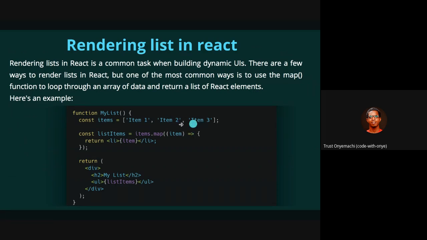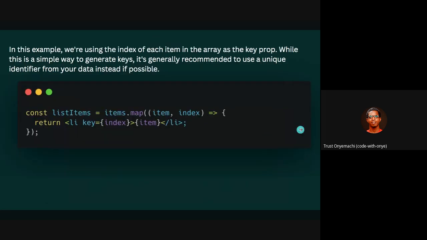Let's say these 3 items are being rendered to the UI, and the first item has an ID of 1, item 2 has an ID of 2, and item 3 has an ID of 3. So it's easier for you to know which item you are trying to call by using the ID. That is why we have to use this key functionality to specify each of the elements that we render from the map or array.